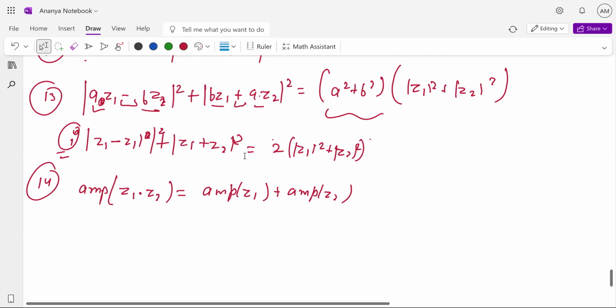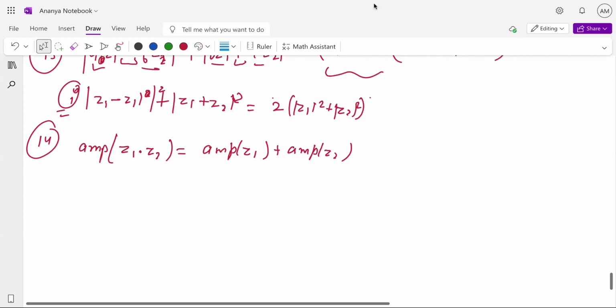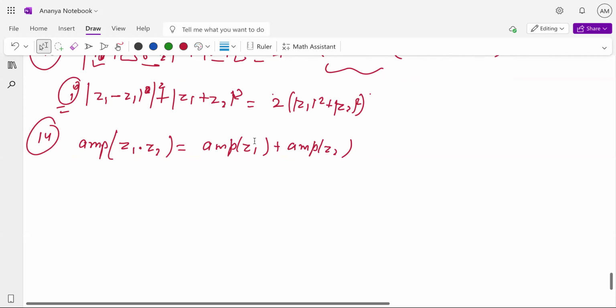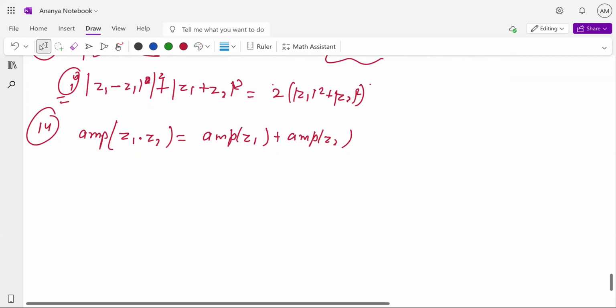We can call it amplitude. We can call it argument. So that's the property it is. Yeah. Okay, sir. So that's the thing. Okay. Yes, sir. It's clear till here, sir. It's clear, right? Okay, let's move to the rest of the part.